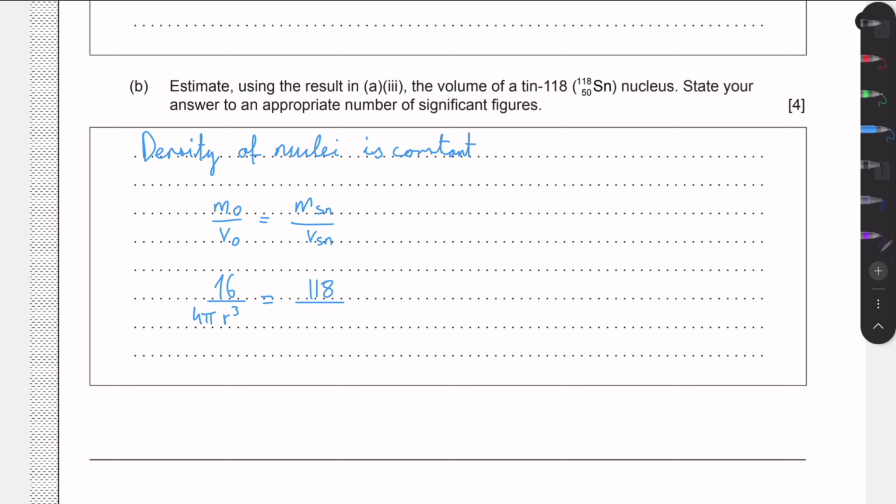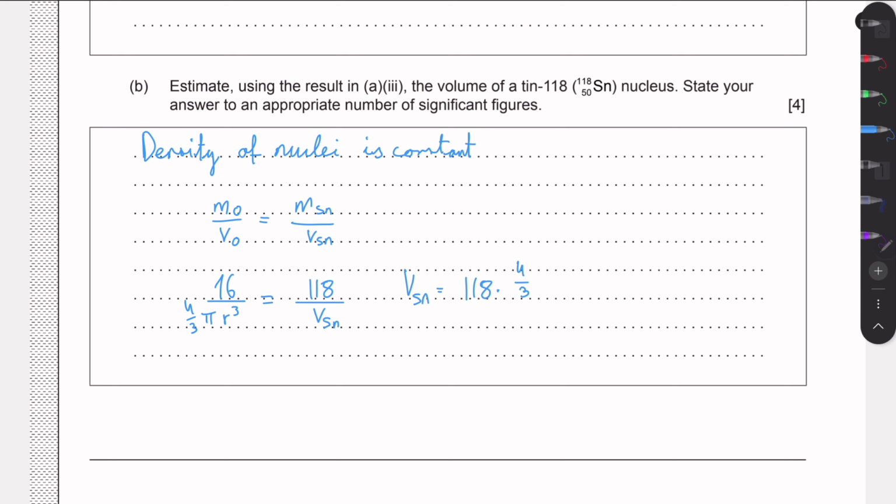Again, that's the mass of all the protons and the neutrons inside the nucleus. And then we divide it by the volume of the tin, which is what we need to find. So we can simply rearrange for this V tin, the volume of the tin, and that will be 118 times 4. Well, I messed it up again, so it's 4 over 3 pi r cubed. I confused it with the surface area, which is 4 pi r squared. So the volume is 4 over 3 pi r cubed.